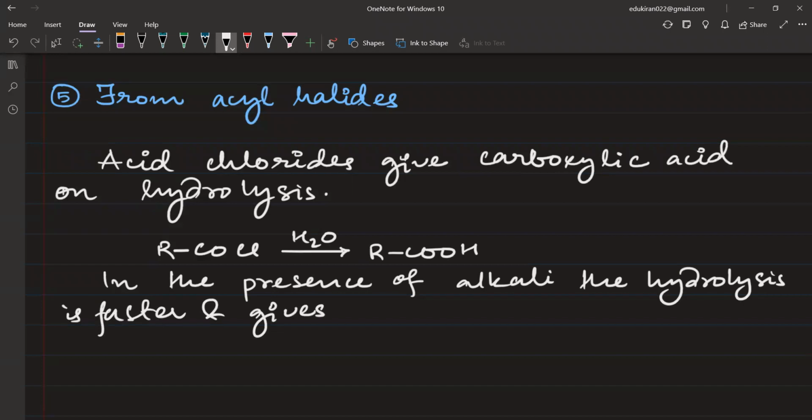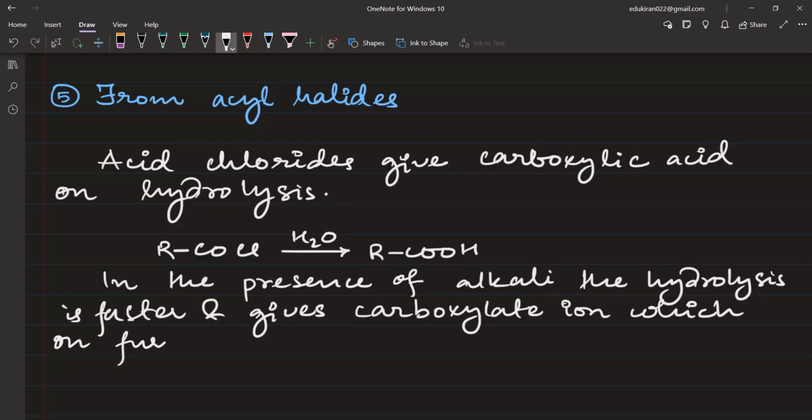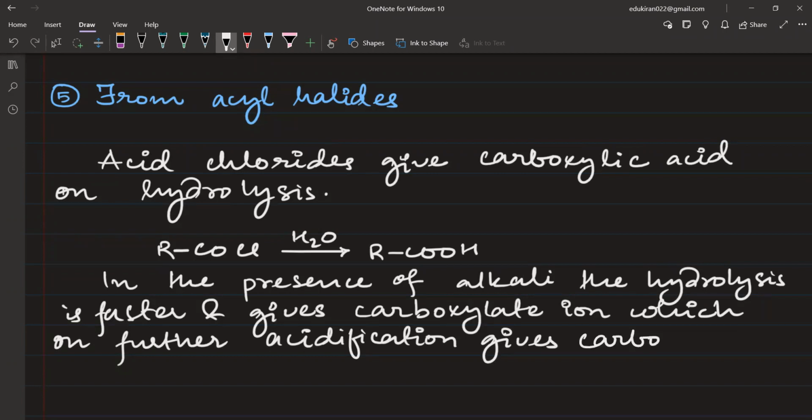But it will give you carboxylate ion, which on further acidification gives carboxylic acid.